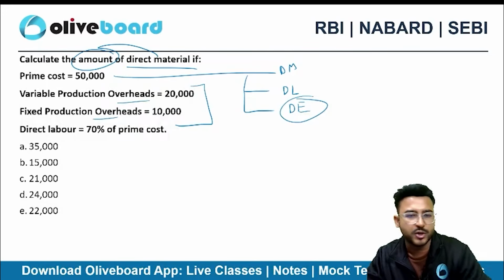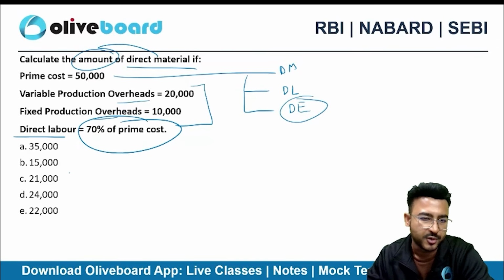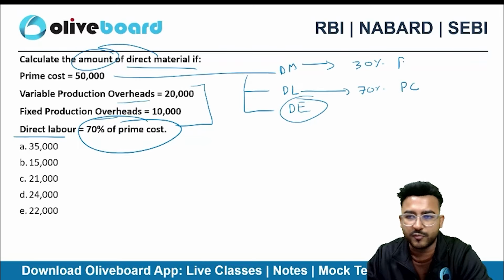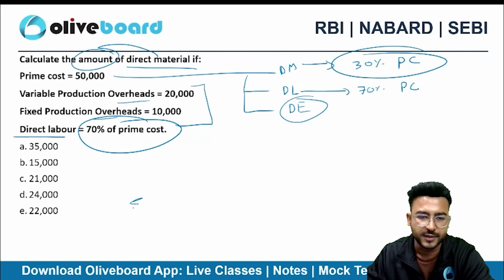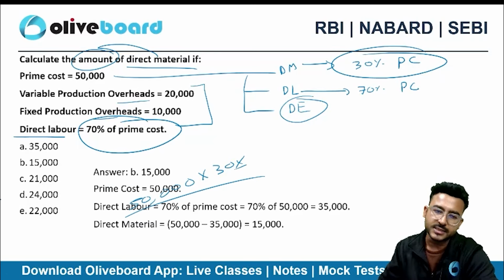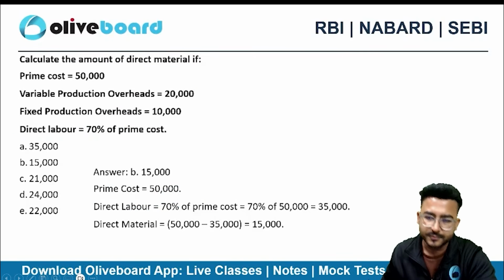So I only have direct labor, which is 70% of prime cost. And what will be my direct material? The remaining 30% of my prime cost will be direct material. So 50,000 ka 30% directly will be the answer, 15,000, right? 15,000 will be the correct answer here.